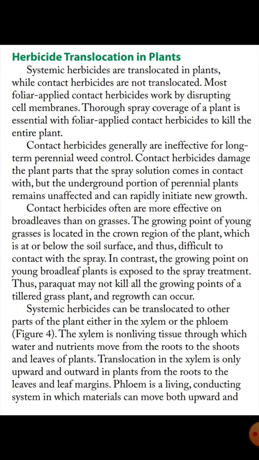So here you can read about the different herbicides translocating within the plant with the help of xylem and phloem tissue. I think you can read this paragraph properly.